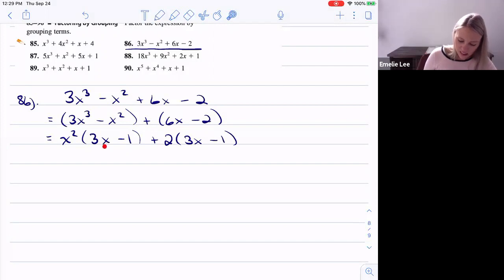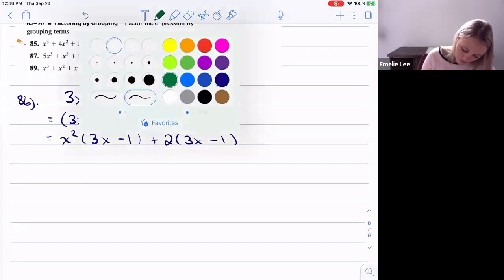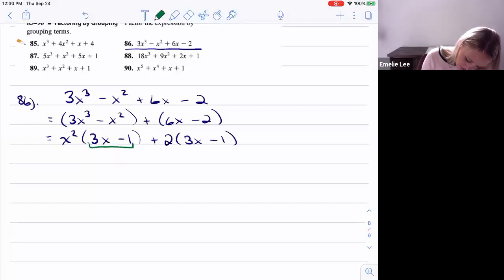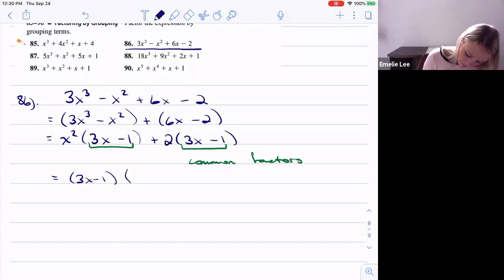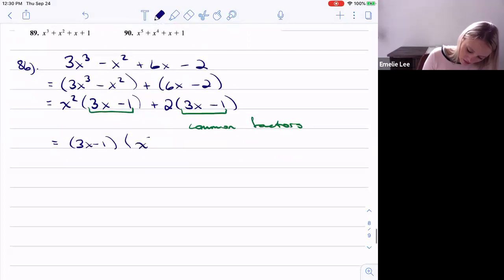But lucky for me, I've got 3x minus 1, 3x minus 1, so this is that same trick that we saw earlier. These are common factors. So I can pull out the 3x minus 1, so I get 3x minus 1 times x squared plus 2.